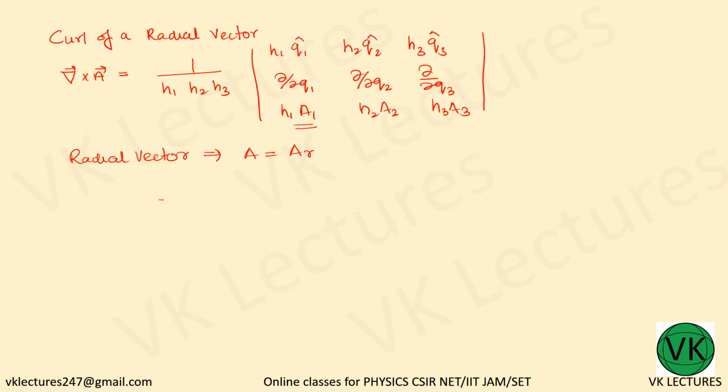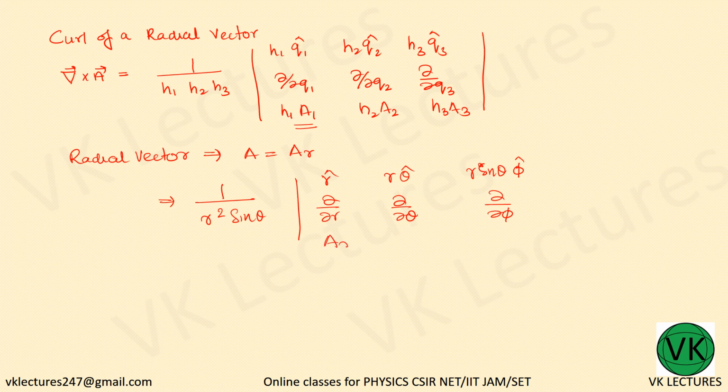Let us write down that, we will understand then. 1 by h1, h2, h3, which is r square sine theta, with h1 r cap, r theta cap, r sine theta phi cap, dou by dou r, dou by dou theta, dou by dou phi, this is AR, this is A theta, into r times A theta, this is r sine theta times A phi.